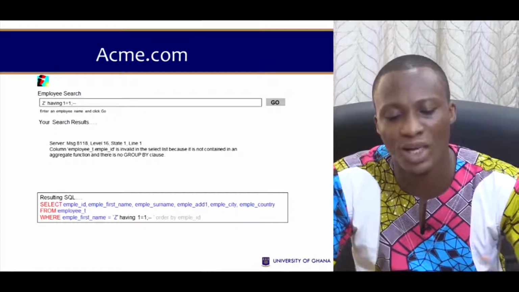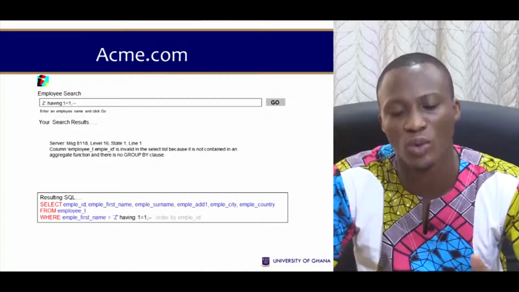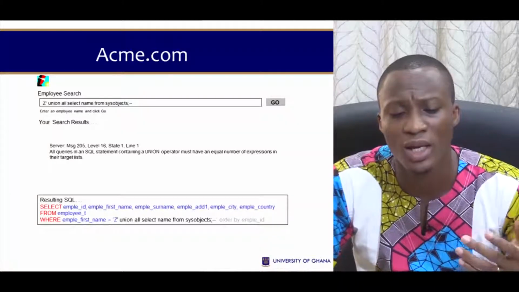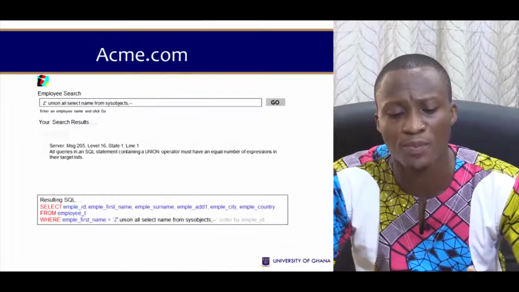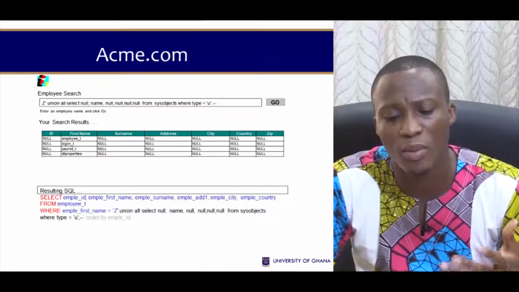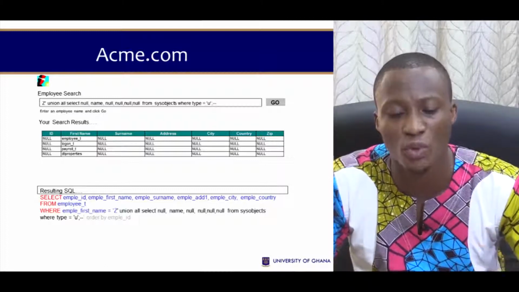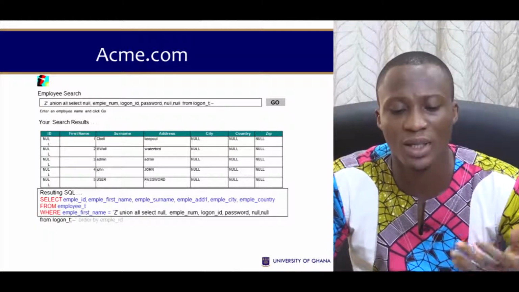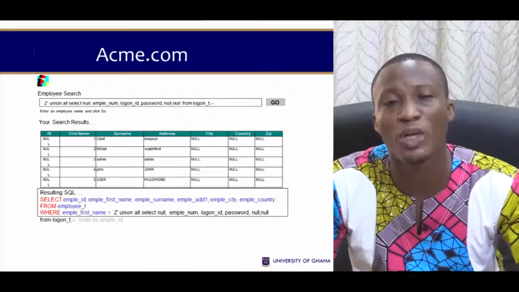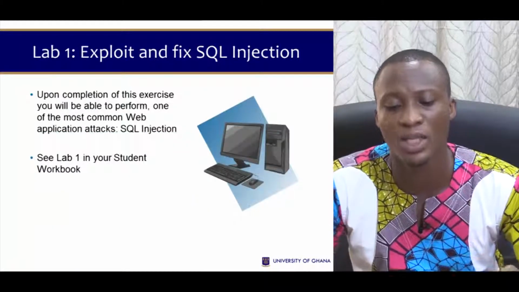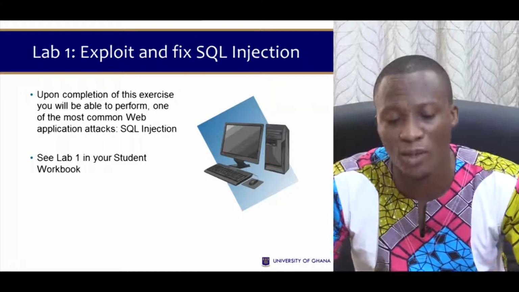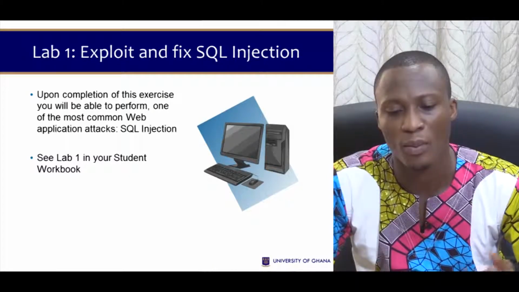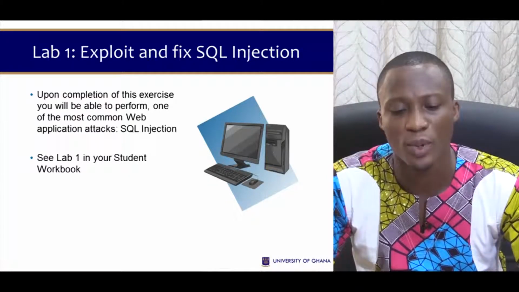That's how the attacker used this SQL injection to get into your system. You look at various sites and various examples which attackers have used in order to infiltrate one's system. Exploiting and fixing SQL injection will be done in lab 1. So visit your Sakai and go through the hands-on exercise. That will help you.